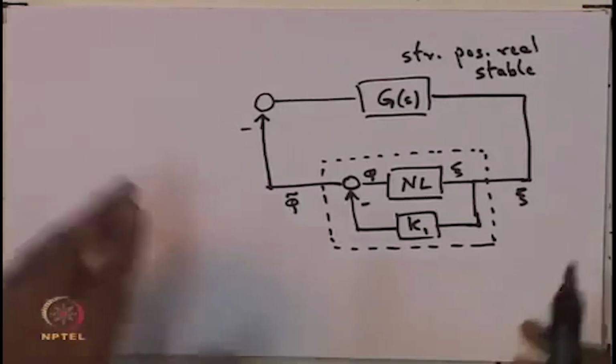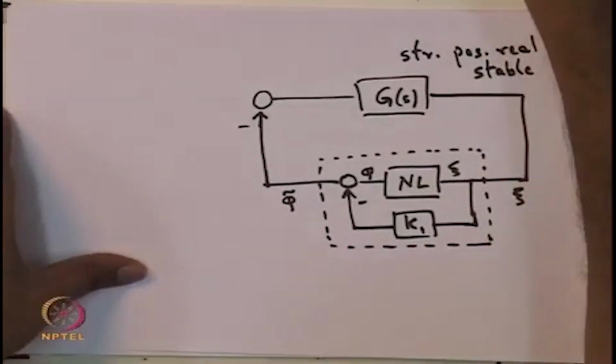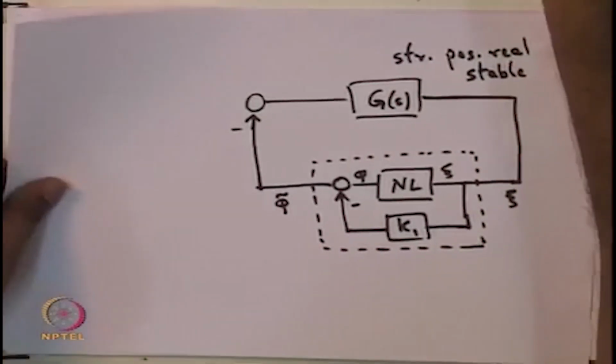So, what I am now going to do is a set of transformations, which go under the name of loop transformations, and by loop transformations we can find a much larger class of plants which you can connect to the nonlinearity, and the resulting system would be asymptotically stable.